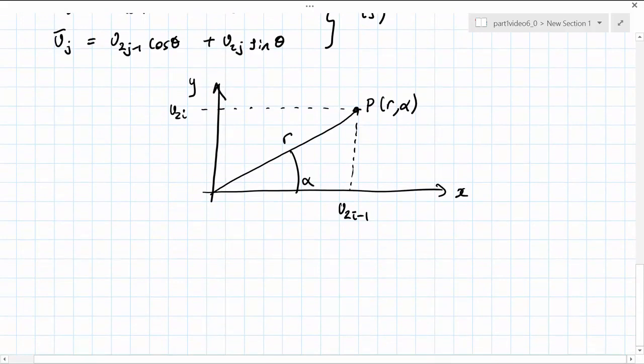Using trigonometry, we can see that U2I minus 1 is equal to r cosine alpha, and U2I is equal to r sine alpha.